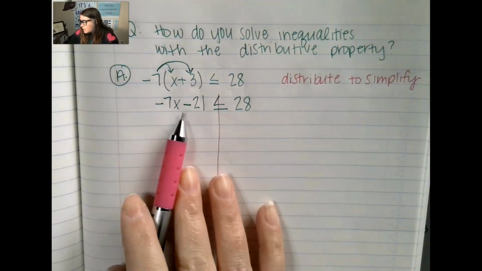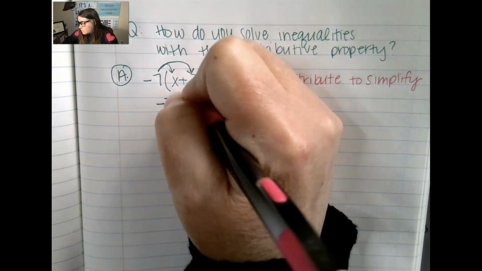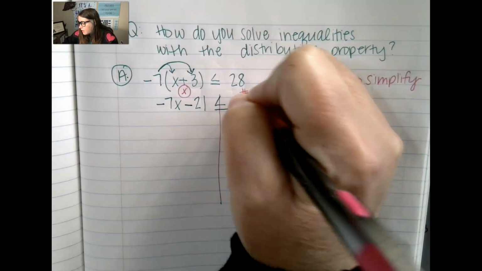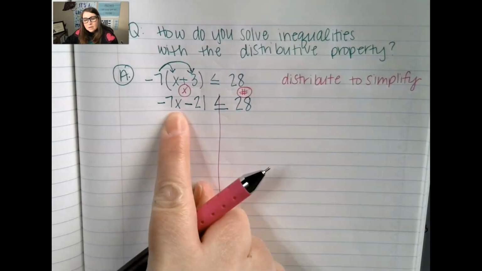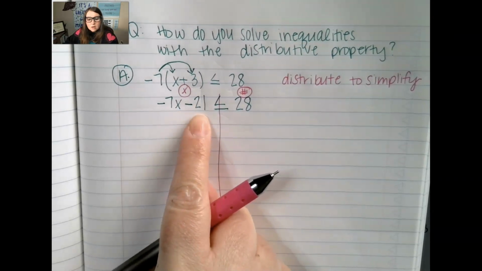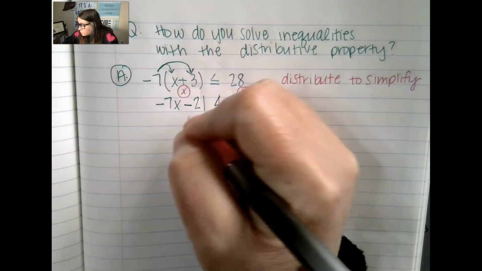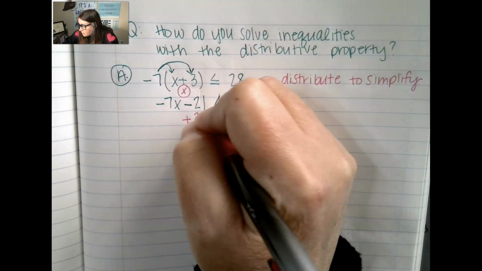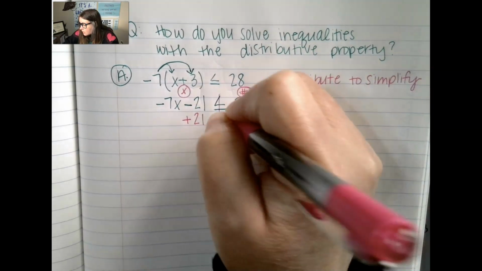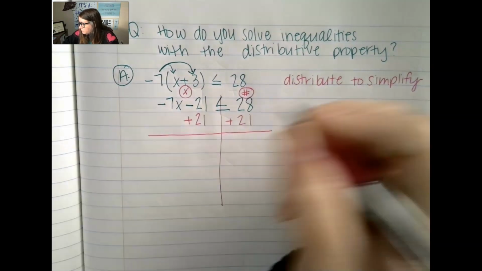So we're going to start right here. We don't want to touch this yet because we want x's on one side and numbers on the other. If I start with this, this will go away, and we don't want the x to go away. So we're going to start here, and right now it says -21, so we're going to add 21 to both sides.